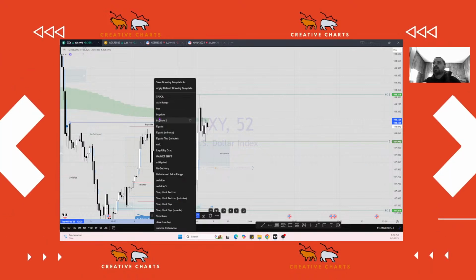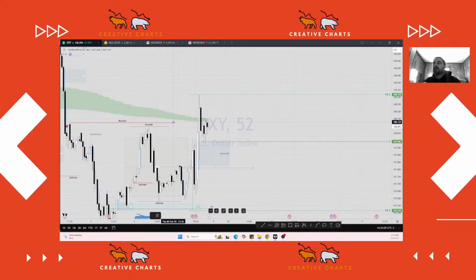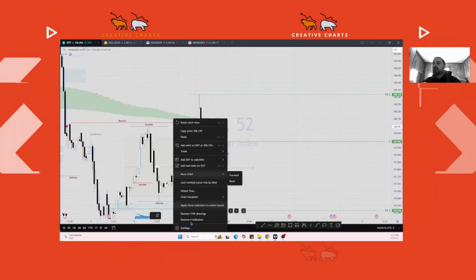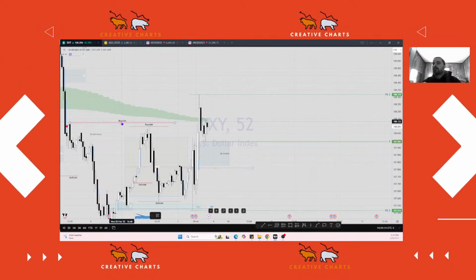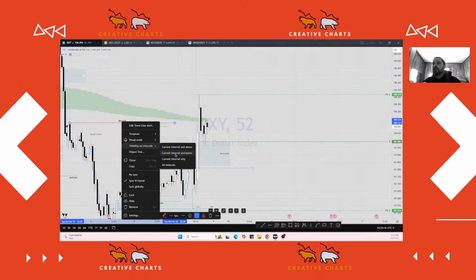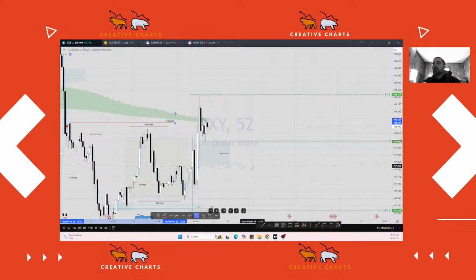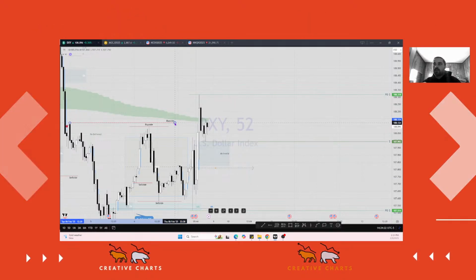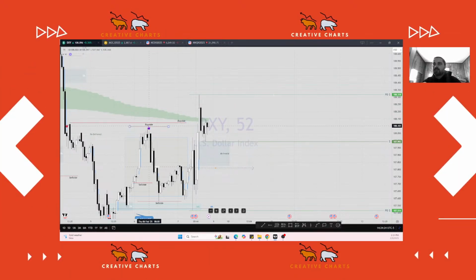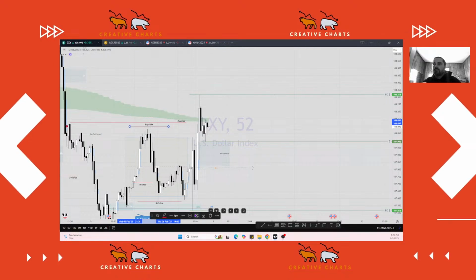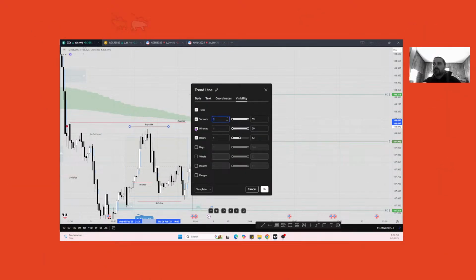Why not just do it like that? Buy side below. I want to push that to the right. Straighten that over a little bit. This doesn't need to be on the minute time frame now. If I'm going to hold that down like that, that can just stay on the hourly.